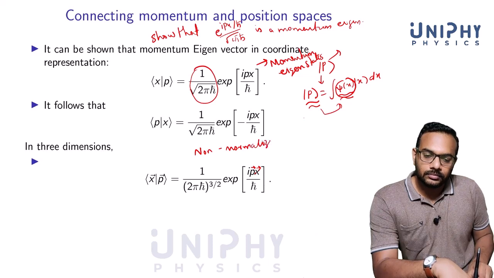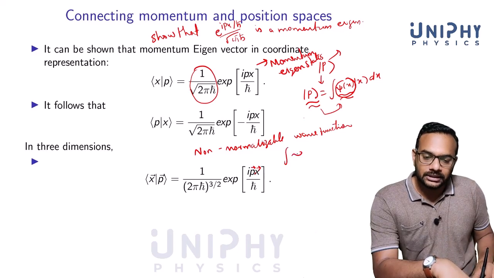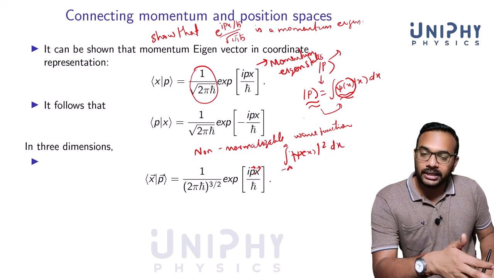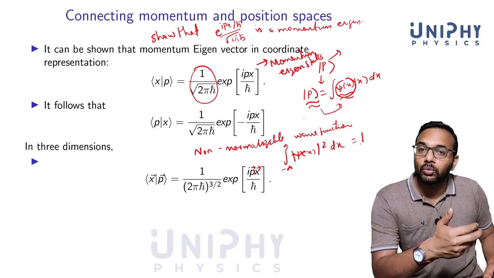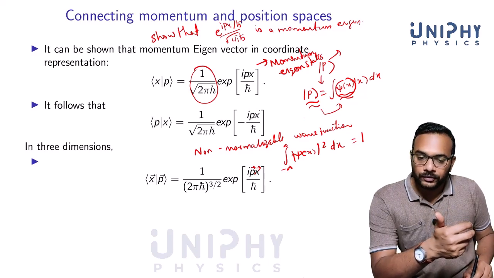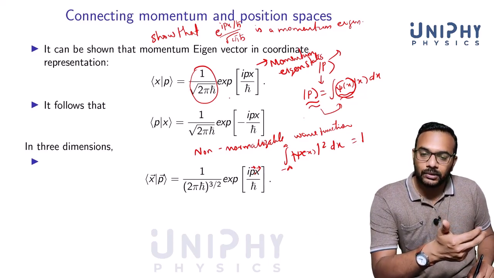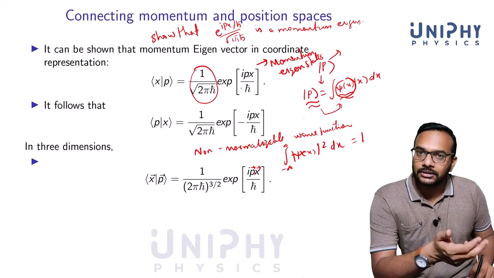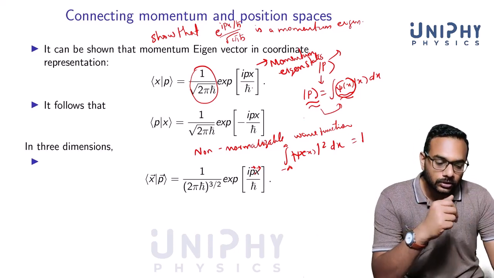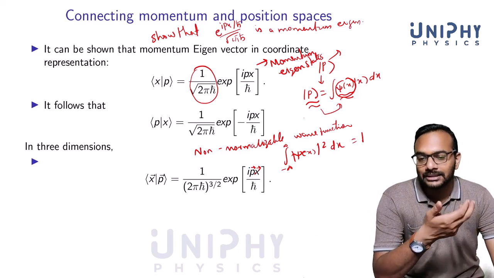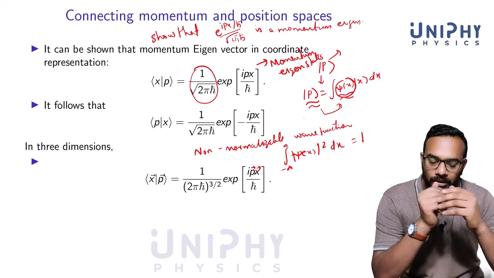What do you mean by a normalizable wave function? It means that if you take the modulus of psi of x squared, dx over all space, let's say minus infinity to infinity, you should get 1. But if you do the modulus of psi of x here, what do you get? It's just a constant. If you integrate a constant over all space, you get infinity. So that means that this wave function is non-normalizable.